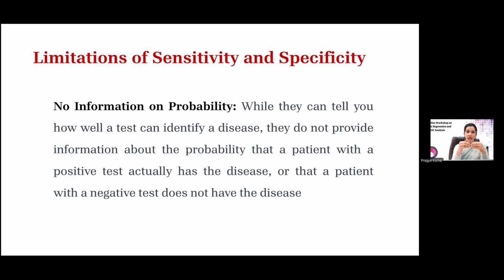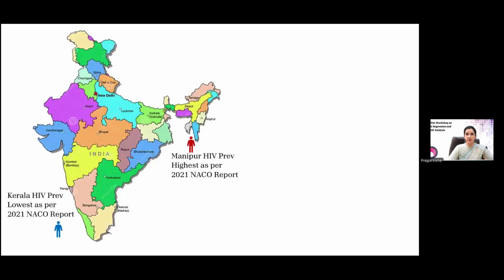Or if the person has come with the negative result, what is the probability that the person is not having the disease? So for this, we need another measure, which we will learn, known as the likelihood ratios. And on the basis of likelihood ratios, we calculate the probability of this person suffering from the disease if he has come up with the positive test result.